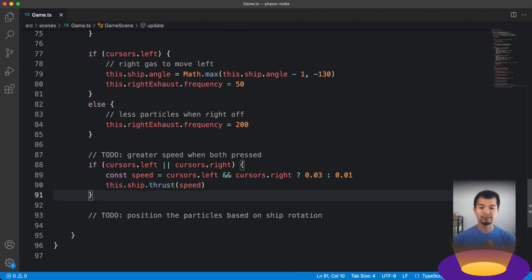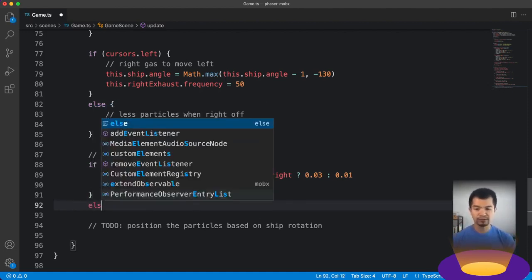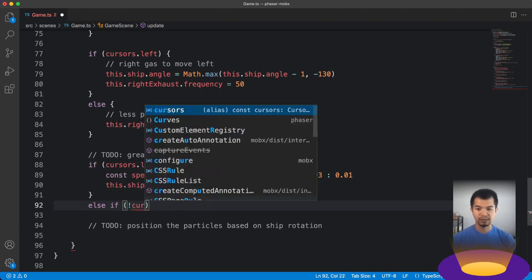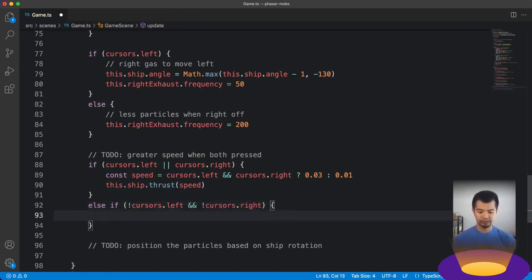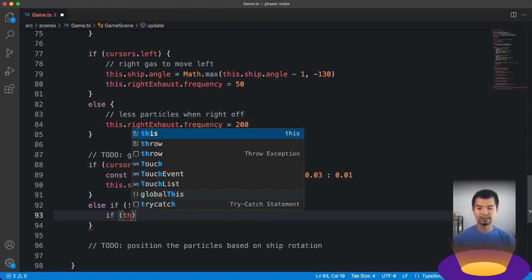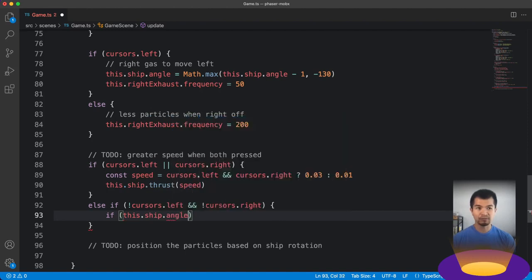Now, one thing here, if neither one is pressed, we kind of want to just rotate the ship towards -90 degrees, so it straightens itself automatically, just a nicety to have. Let's go else if not cursors.left and not cursors.right. We're going to move our ship back towards center, or what we define as center, which is not 0, it's -90. So this.ship.angle, if it is less than -90, that means we are past -90, so like -130.